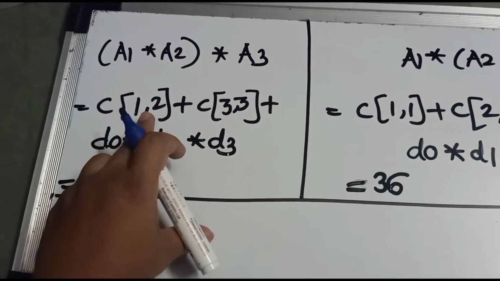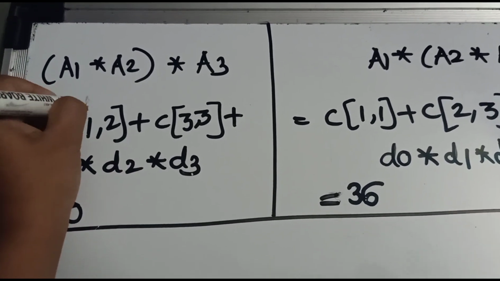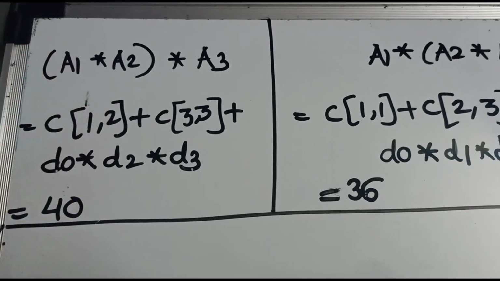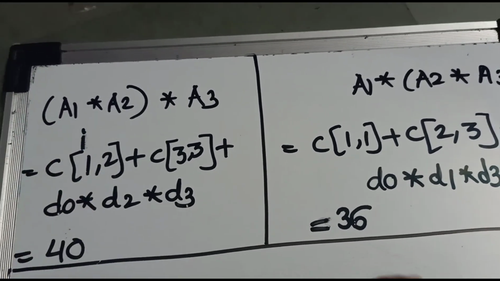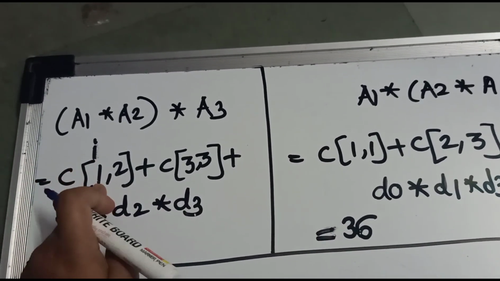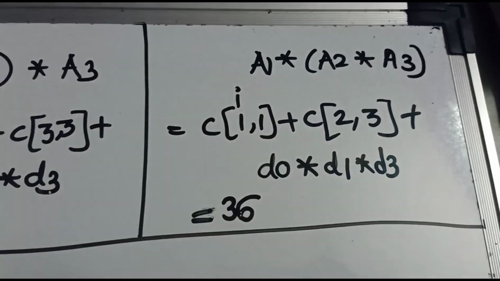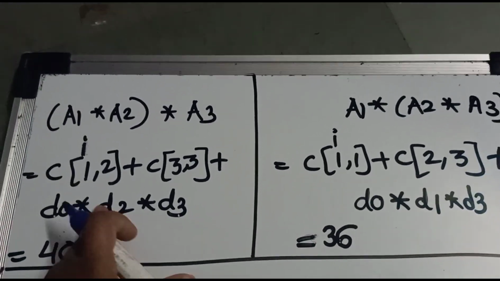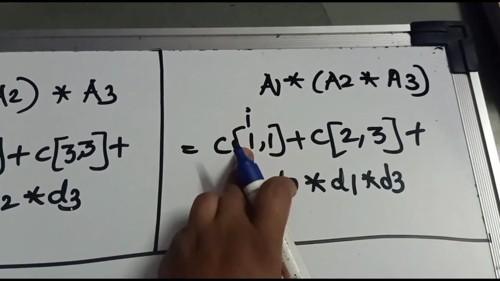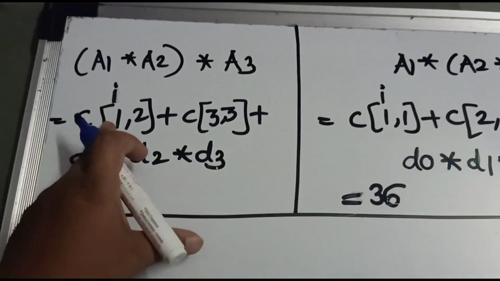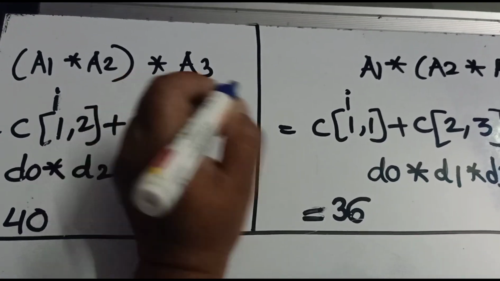If I write c of 1 2, I can call this 1 as i. Here it is 1, here also it is 1, so I will make it i here also. Then here you can see 1 3, here also 1 3, so I label this one as i and this 3 as j.